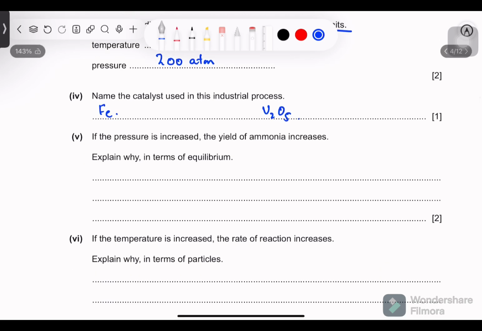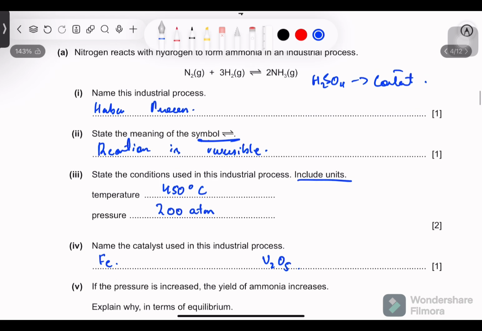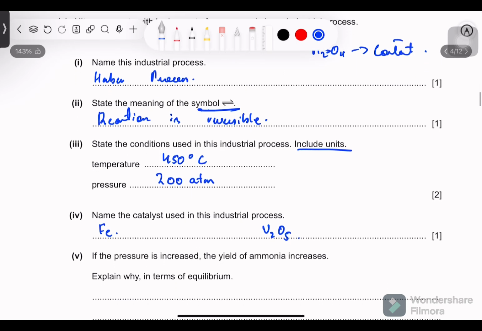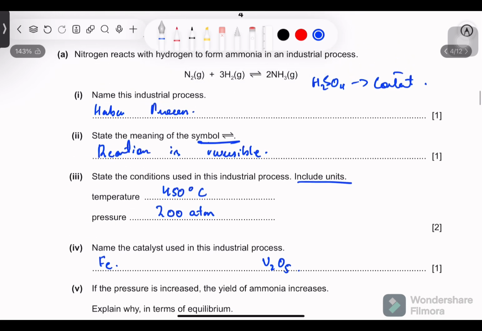If the pressure is increased, the yield of ammonia increases. Explain why in terms of equilibrium. So when the pressure is increased, the reaction side having the fewer moles of gas is favored. So the moles of gas over this side is 2 and on this side is 4.